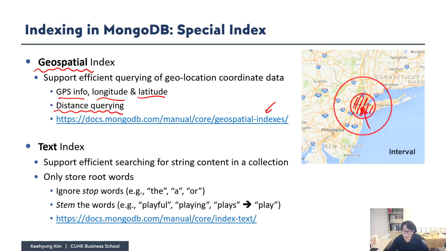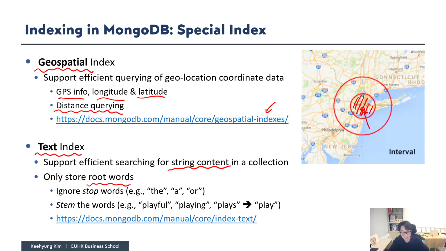Another useful index you can utilize in MongoDB is a text index. It's very simple and easy to use. It supports efficient searching of string content, basically textual content in a collection. In your document, you may have a field that contains textual information, and you can utilize it to create a text index. When you use a text index, it will only store the root words.